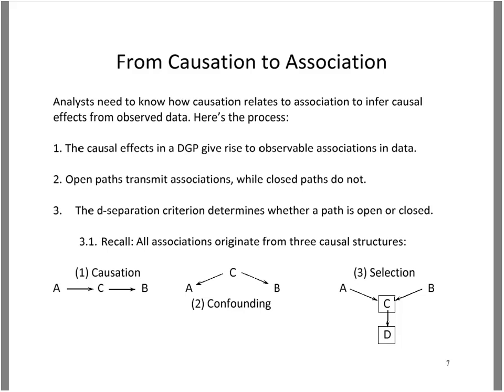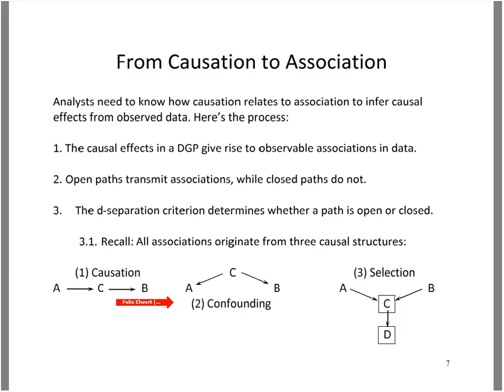Because it turns out that all associations between two variables originate from three causal structures. First, two variables A and B will be associated if A directly or indirectly causes B. So that's causation, association by causation. Second, two variables A and B will be associated if they're caused by a common cause, C. So that's the structure of association by confounding.